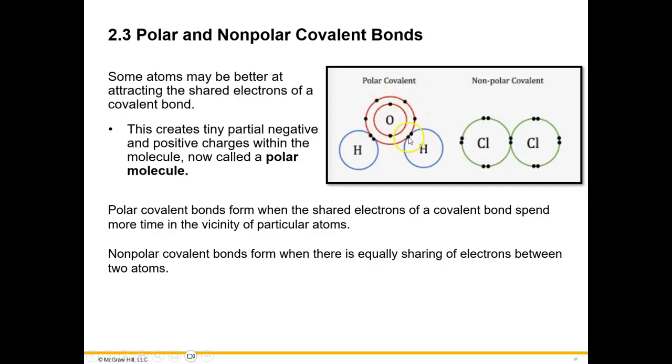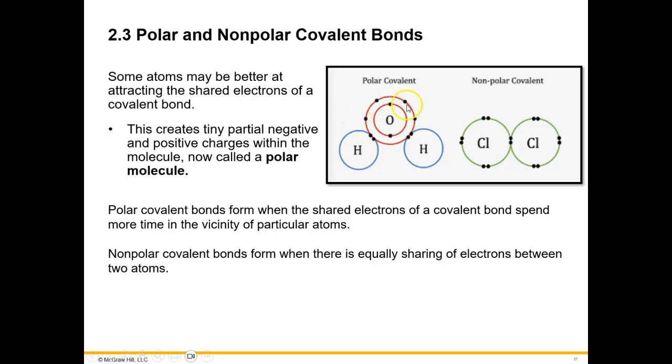So these electrons are going to spend more time closer to the oxygen nucleus than they will to the hydrogen nucleus. As a result, we're going to end up with something called a partial charge. So when we write out H2O, it's not H2O plus, but there is a partial charge on this end of the molecule and on this end, down by the hydrogens.